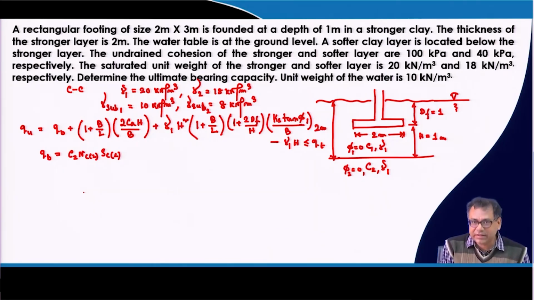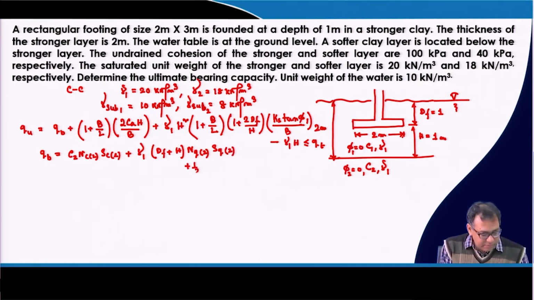But as it is a rectangular footing, you have to put these values also: gamma1 (Df plus H), then Nq2, then Sq2, plus half gamma2 B N gamma2 and S gamma2.